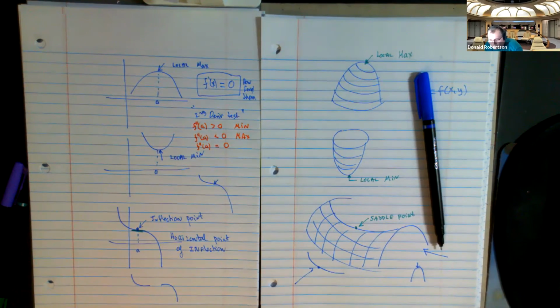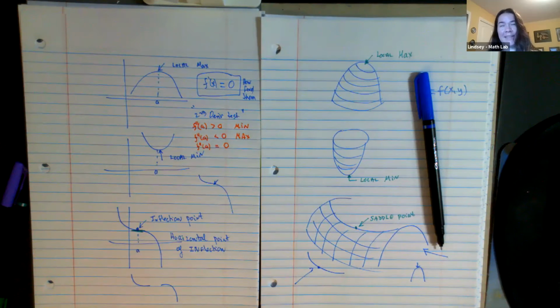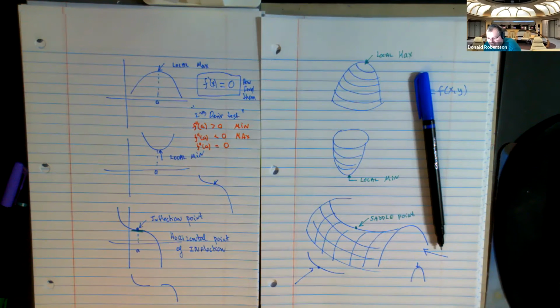And this is a trick question, so I've warned you. Suppose the second derivative at A is 0. What do you have? I want to say an inflection point, but because I have said it's a trick question, you are right not to say that.